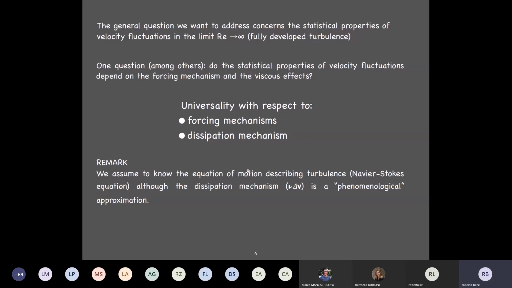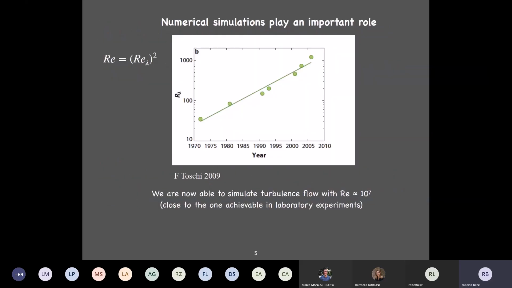Now, within the last few decades, there was a really major role played by the numerical simulation of turbulent flows. This is an old transparency, about 10 years old, but it tells you that around 1980 and 1990 people started simulating Reynolds numbers of order 10 to the 4. This is a technical point, relating the real Reynolds number to some other kind of number used in the numerical simulation.